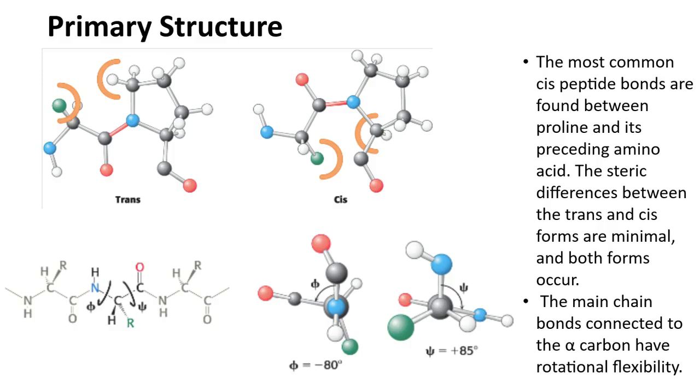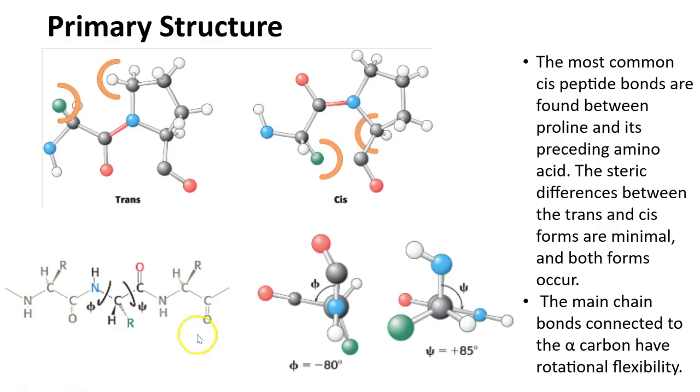Like always, there are exceptions, and so the most common cis peptide bonds are found between proline and other amino acids. The steric differences between the trans and the cis forms are minimal in this sort of situation, and both can form.